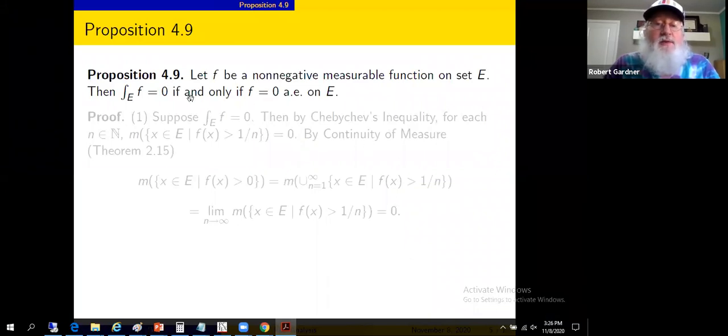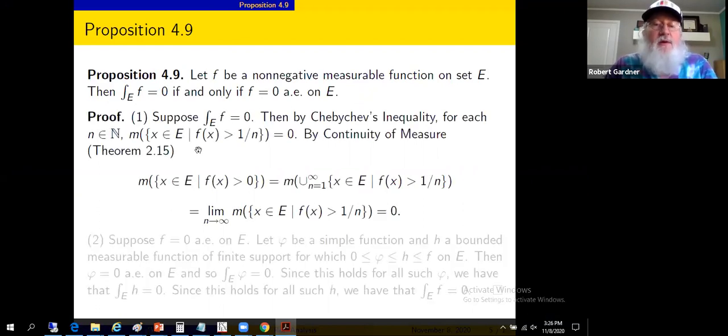Okay, so the integral of f over E equals 0 if and only if f equals 0 almost everywhere. Remember, f is non-negative. We're now in class 2. Suppose the integral is 0. All right, Chebyshev's inequality would then have us deduce that for any natural number n, the measure of the set of x values such that f of x is greater than 1 over n must be 0.